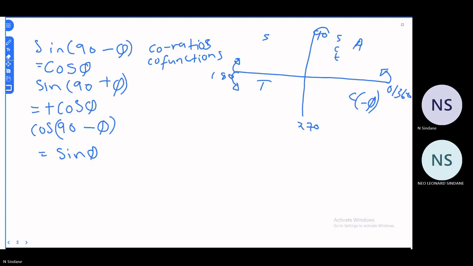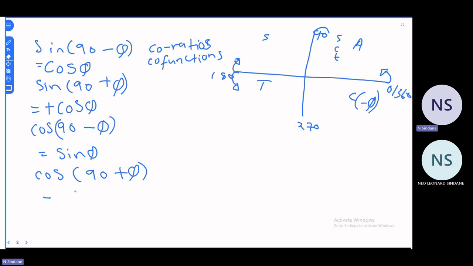Then if you come to cos of 90 plus theta, I'm falling into the quadrant of sine, where cos is negative, right?